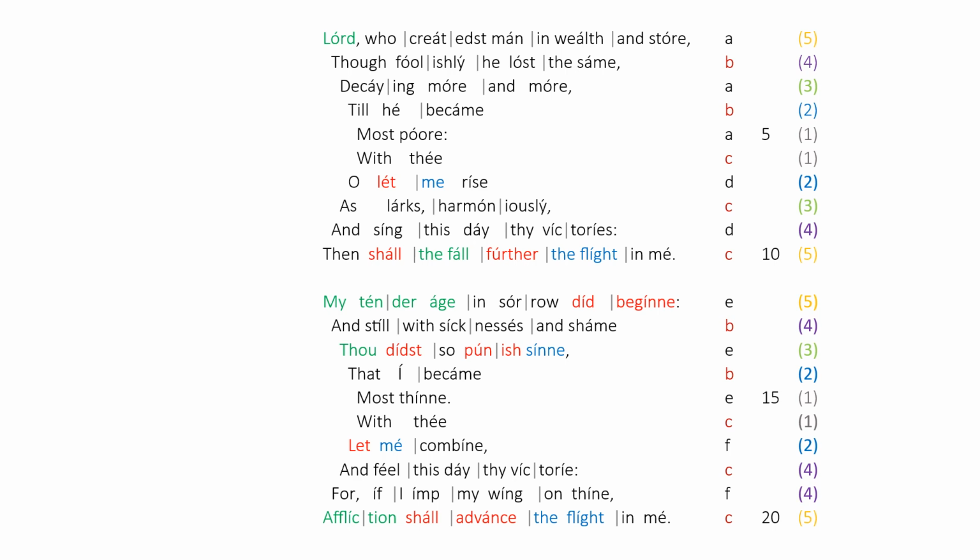And Lord, you punished the sin with sickness and shame, and I became most thin. Now, Herbert isn't complaining and saying, hey, I did nothing to deserve this. And I understand that is an understandable complaint, right? I get that. We're not going to answer that question in this class.